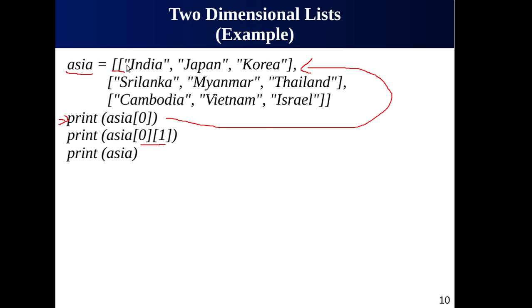So this is row number 0 and this is column number 1. It will display Japan, this one particular element, because we are providing 2 indexes. The first index is for the row and the second index is for the column. And the third print statement will display the whole two-dimensional list, as we are not providing any index. So it will print the whole list.